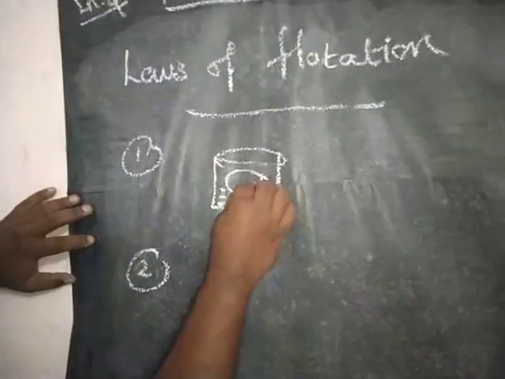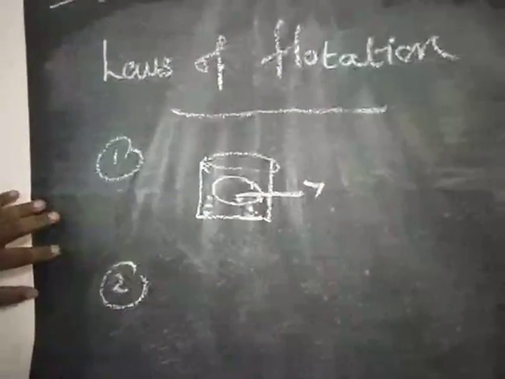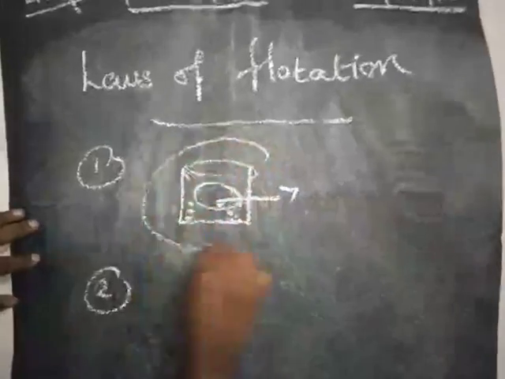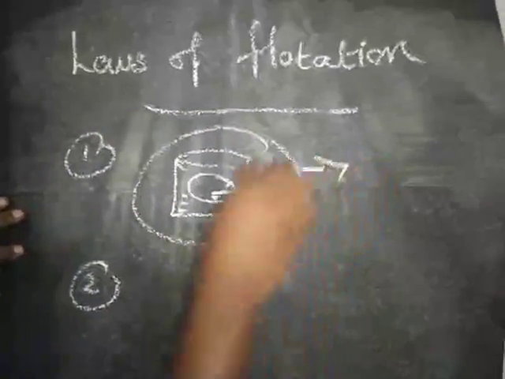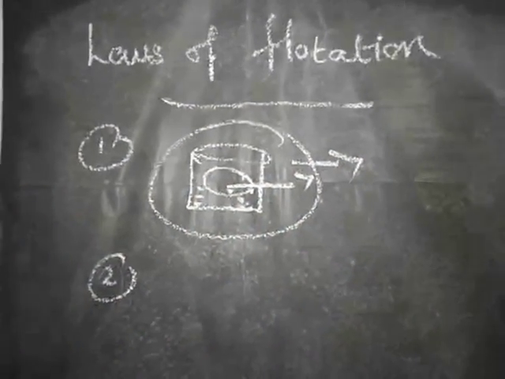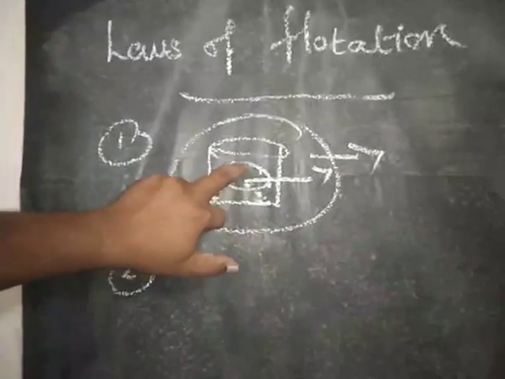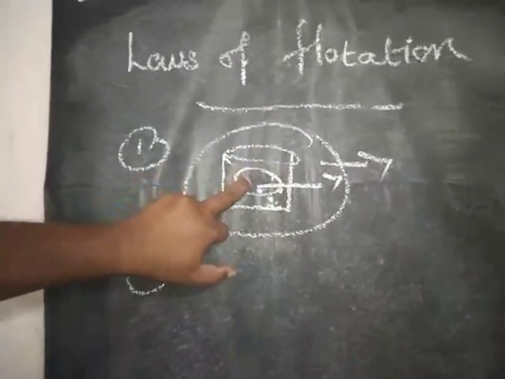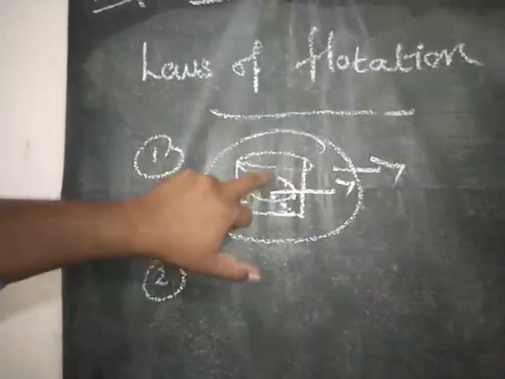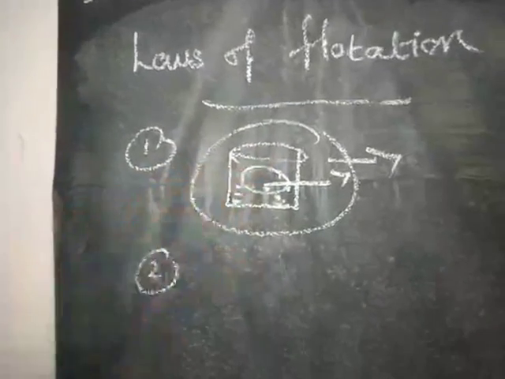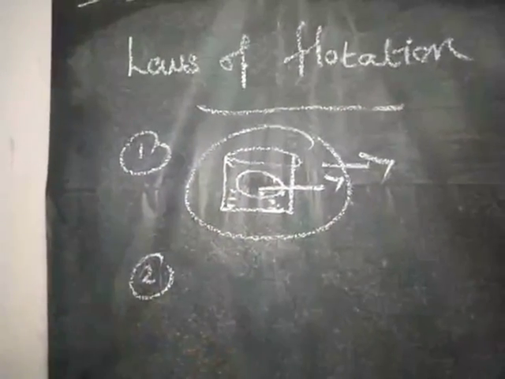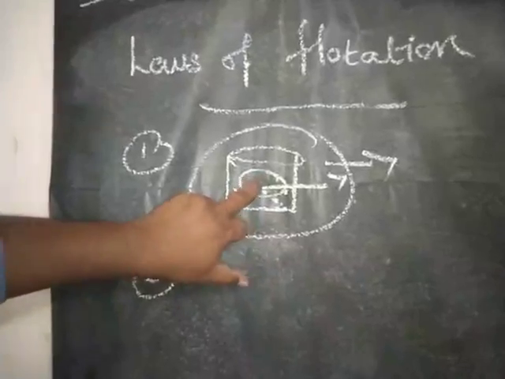So the first law states that the actual weight of the floating body is equal to the amount of water displaced by this object.